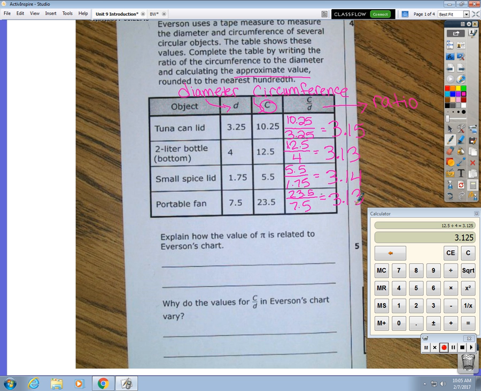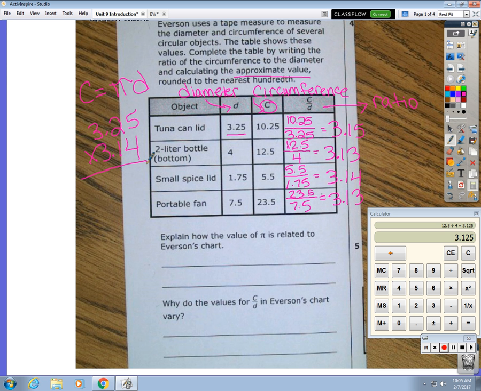Okay? Let me get you to think this way for a second. We can find the circumference of a circle by doing pi times diameter. That's one of your formulas that's in your flashcards. We know the circumference and diameter is here, right? If I do the diameter of the tuna lid, 3.25, times pi, what's the value of pi? 3.14.